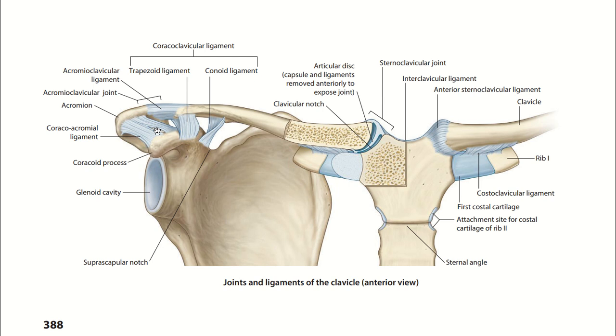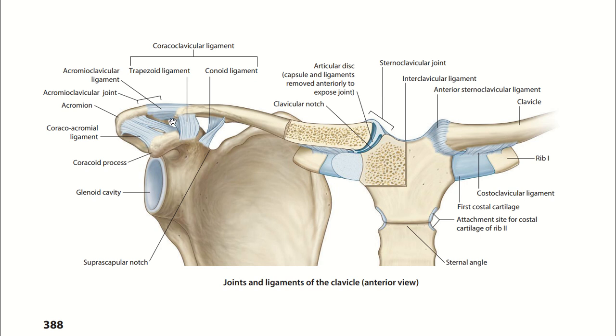Let's take a look at the ligaments. It has two main ligaments, the superior and inferior acromioclavicular ligaments, that reinforce the joint superiorly and inferiorly. Between these ligaments and the capsule, there's going to be an articular disc, which extends from the superior going to the inferior.